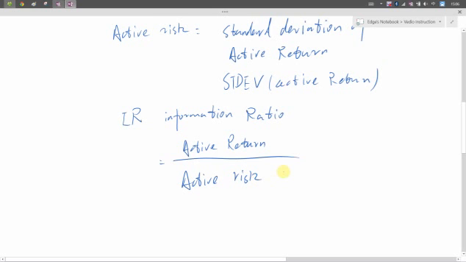This measures how much return I get by taking one unit of active risk.